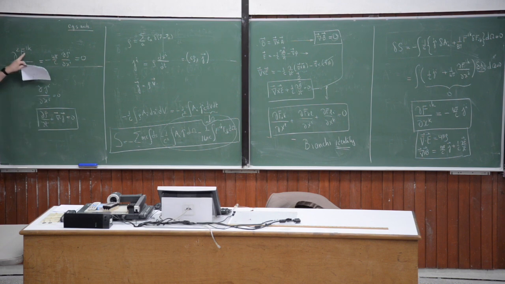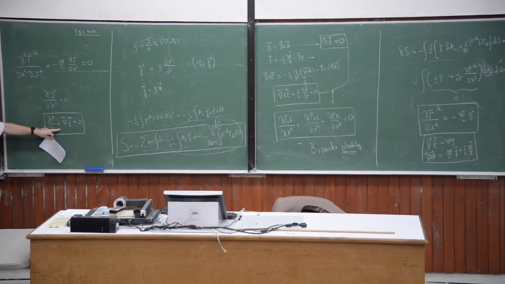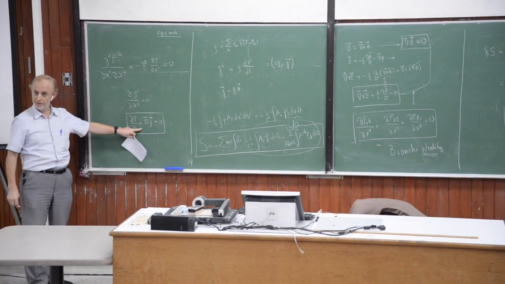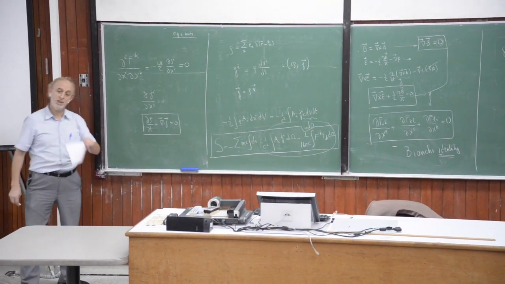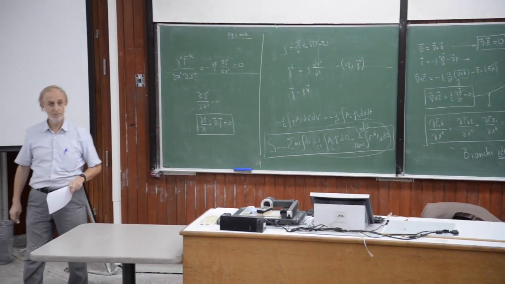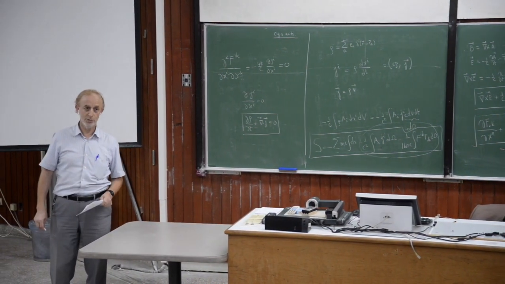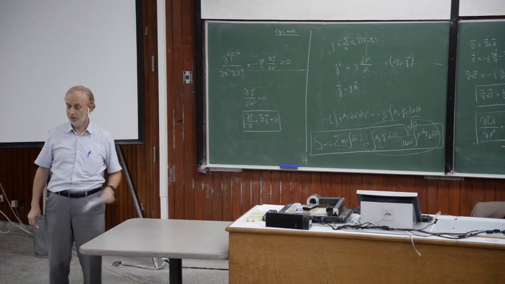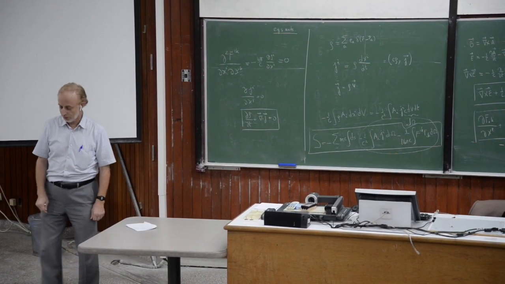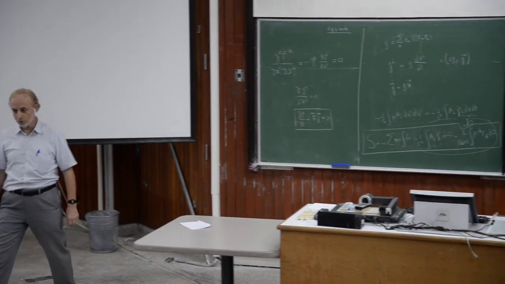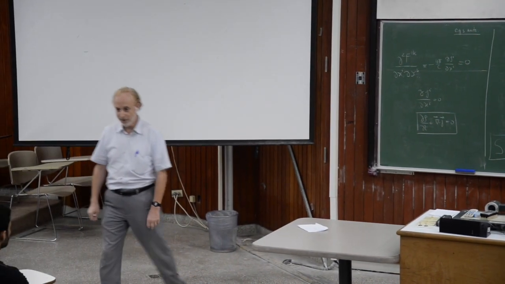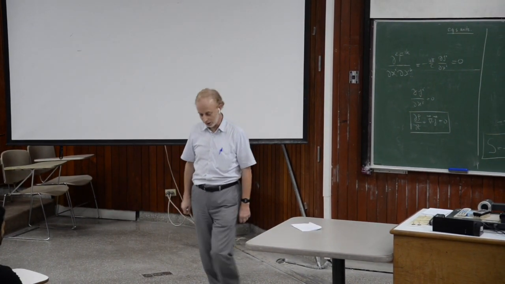So the antisymmetry of F, in a way, is essential for the conservation of charge. And the antisymmetry of F, as I told you, F has another name. It's called the curvature tensor. What it's telling you is that you derive this way and that way is the same as you derive that way and this way.